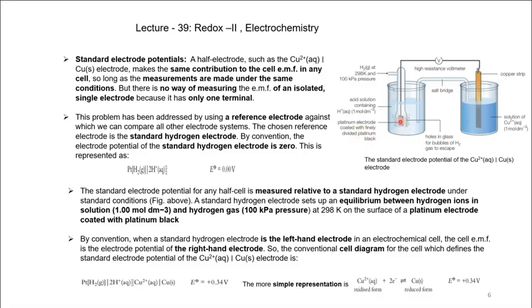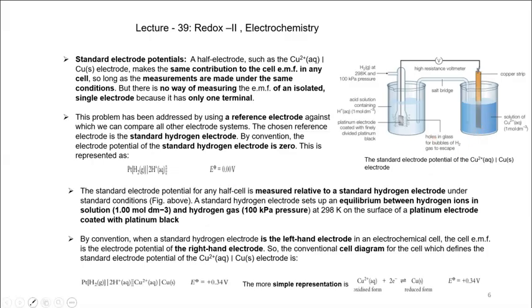There we have some porous film, so hydrogen gas that evolves can escape through it. And this is the copper sulfate solution, and we have a copper strip here. So this is a half electrode.